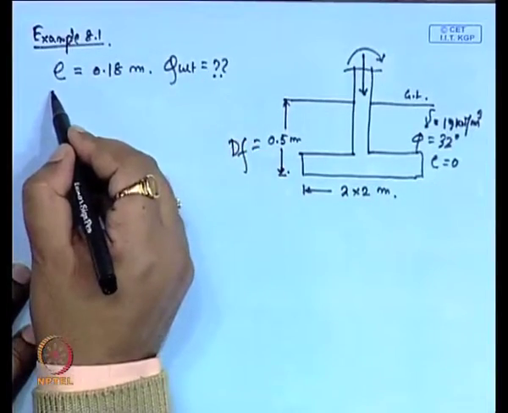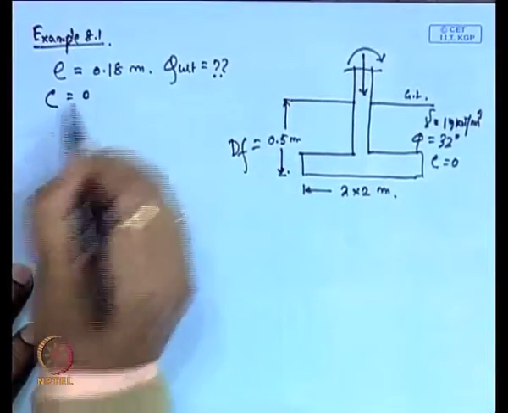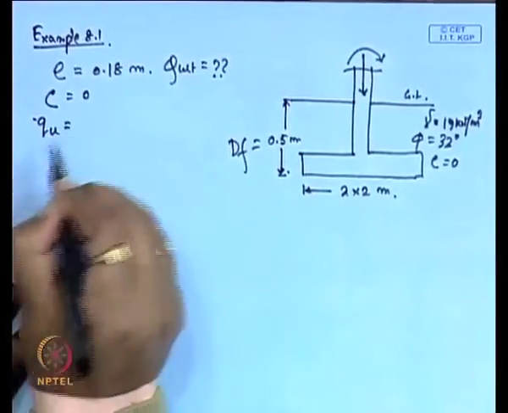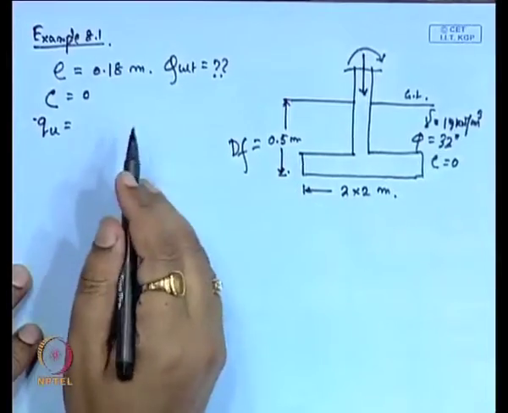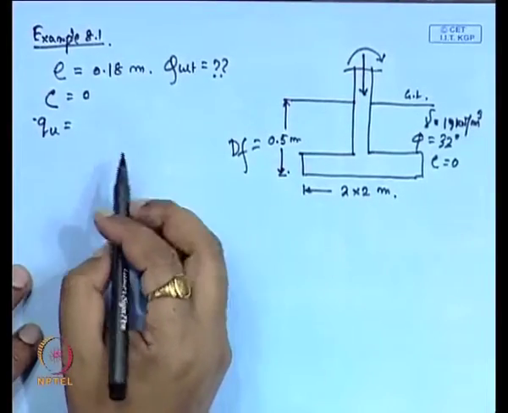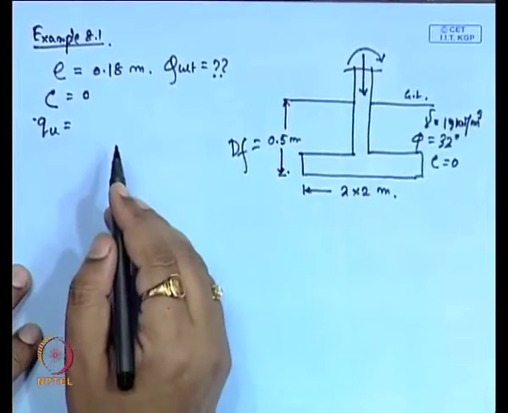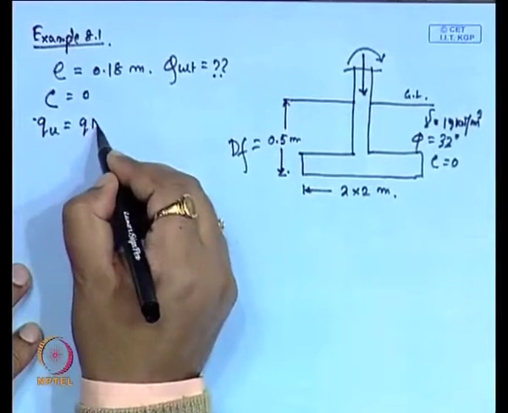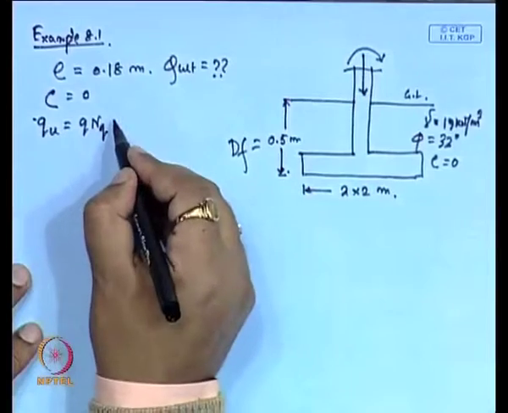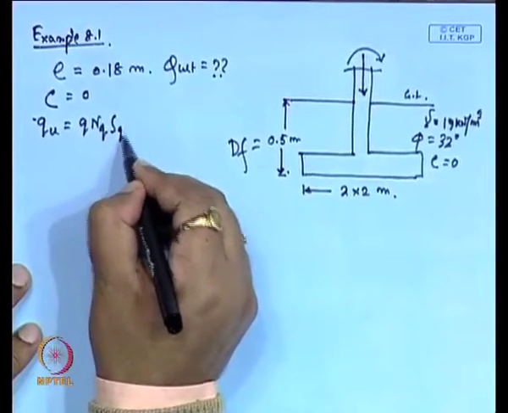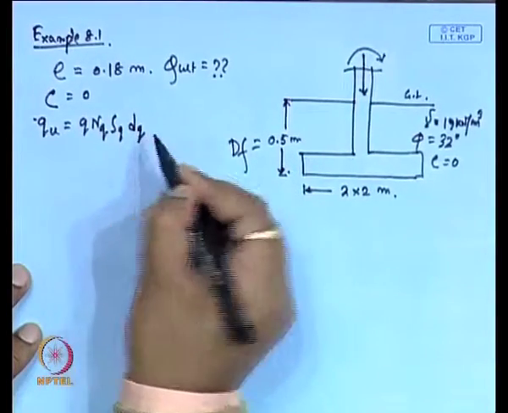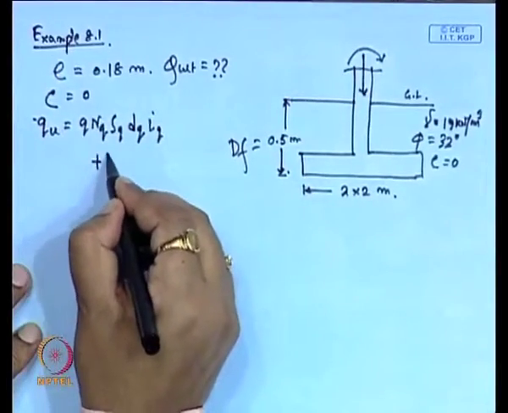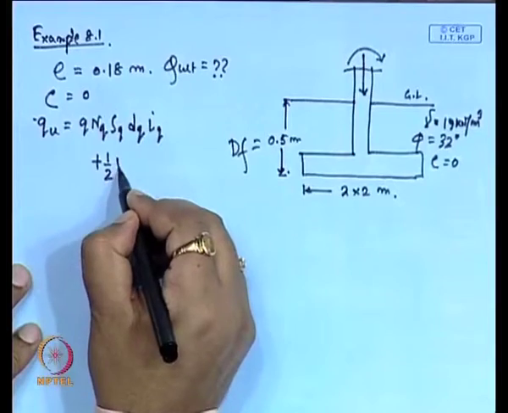Now in this question C is 0, so in our Q ultimate, the first part, the cN_c term, is also 0. Now we can write q N_q, this is S_q, D_q and I_q, plus half into gamma.